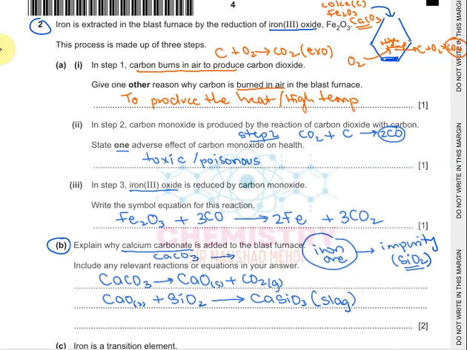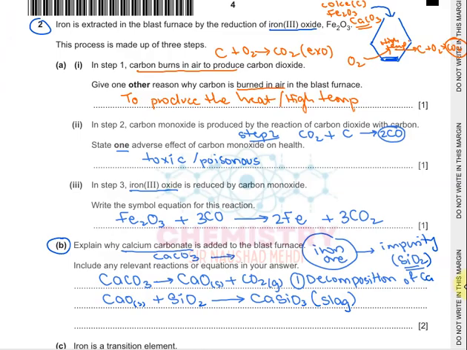So the basic purpose of adding the calcium carbonate was to create this slag which will ultimately remove the impurity. So what are the two steps? The first step is your decomposition. First of all, what you will do? Decomposition of calcium carbonate.